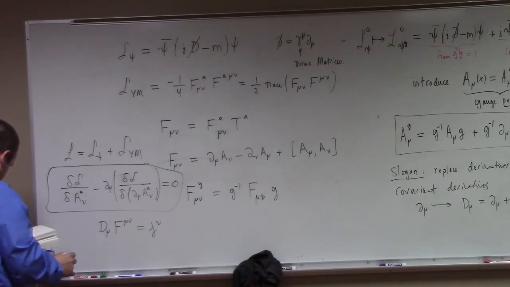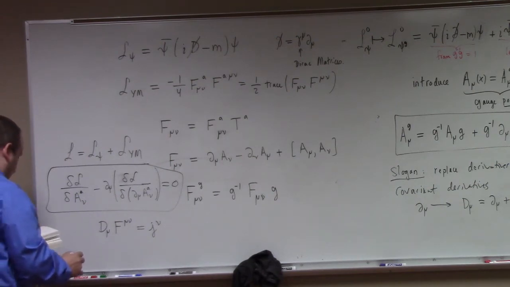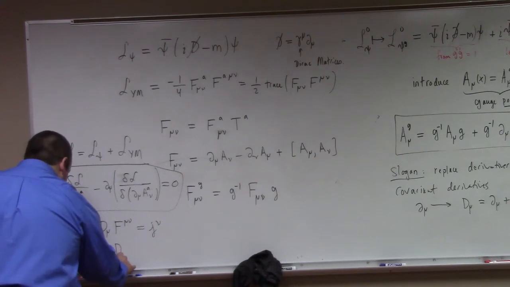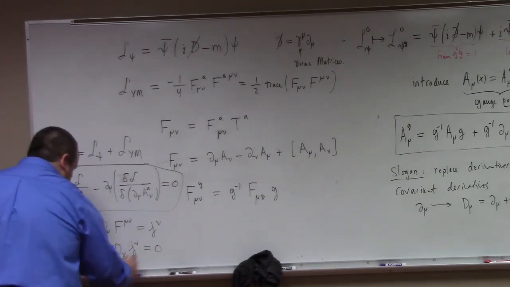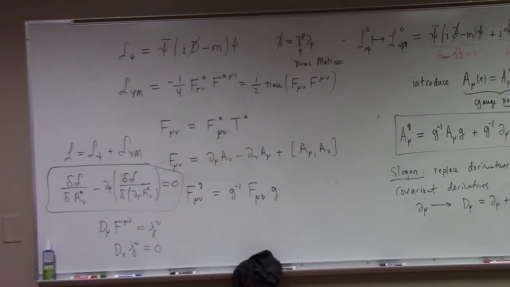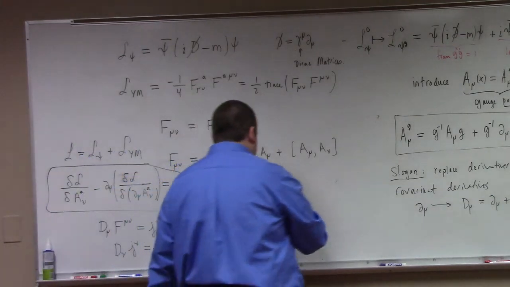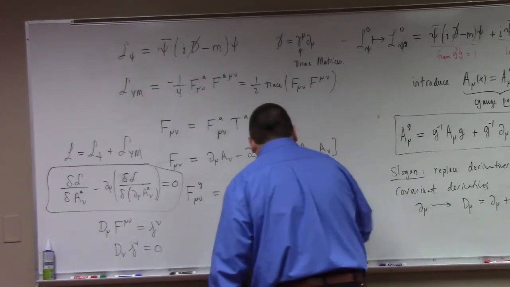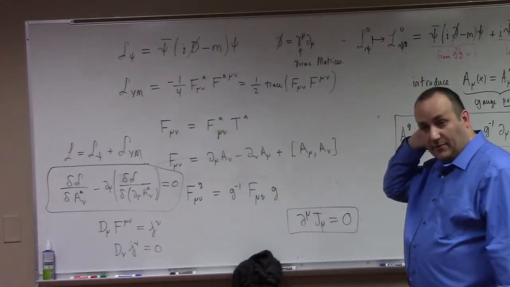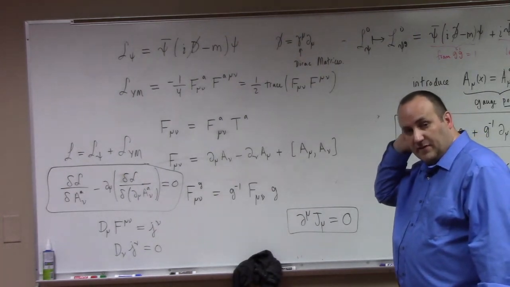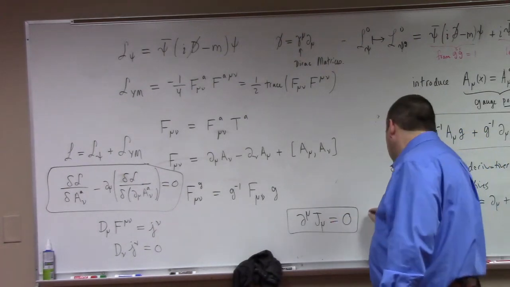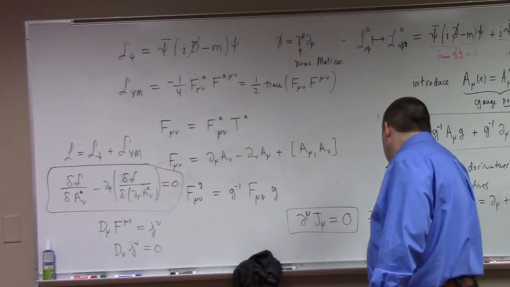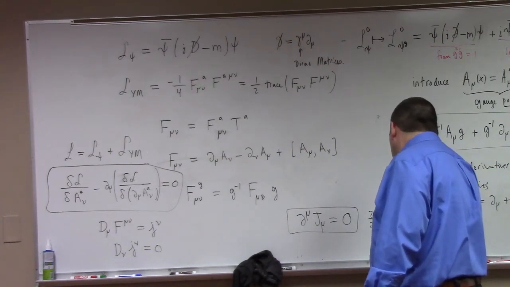And what else? You also have this relation, D nu J nu equals 0. That's covariant conservation of the non-abelian gauge current. In electricity and magnetism, this is an exercise I would certainly assign on a test if I was teaching it. You can prove this. This is true for Yang-Mills, and for ordinary electromagnetism this is conservation of charge, because it means partial rho partial t is equal to minus the divergence of the current density.